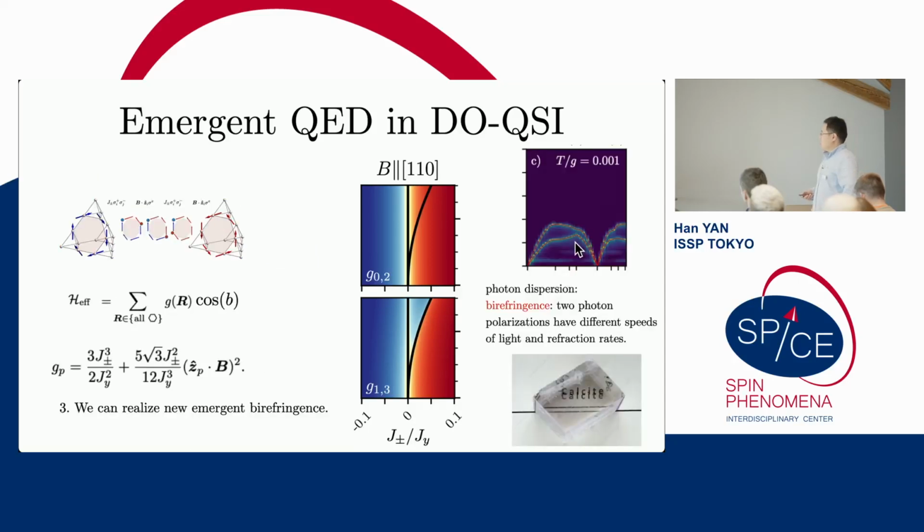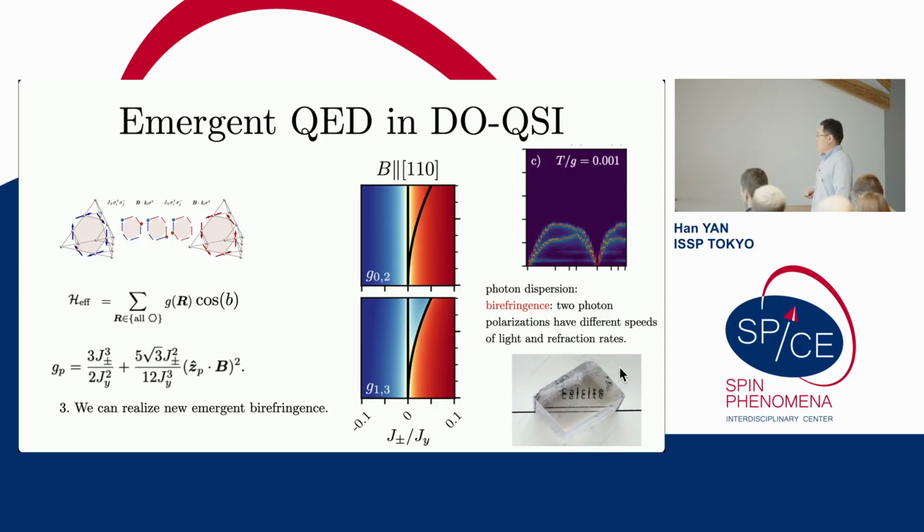So the first consequence is now you have birefringence. The photons are originally degenerate in their 2 polarizations. But now, because the propagation speed is anisotropic, these 2 polarizations of photons will have different emergent speeds of light, or different refraction rates, right?